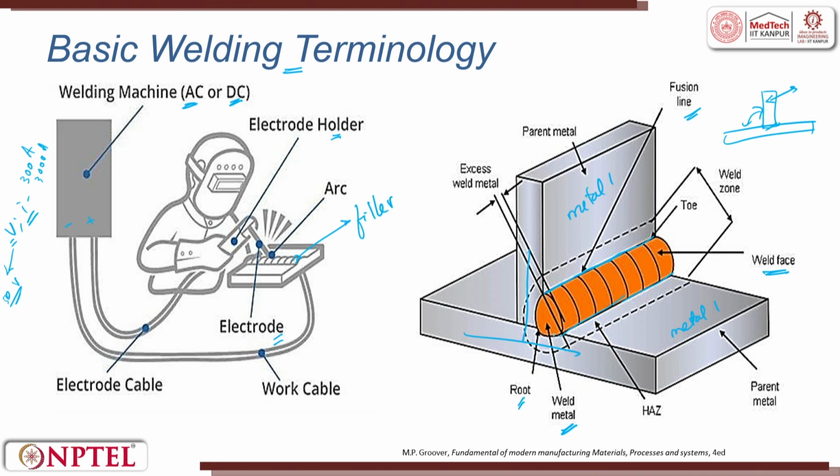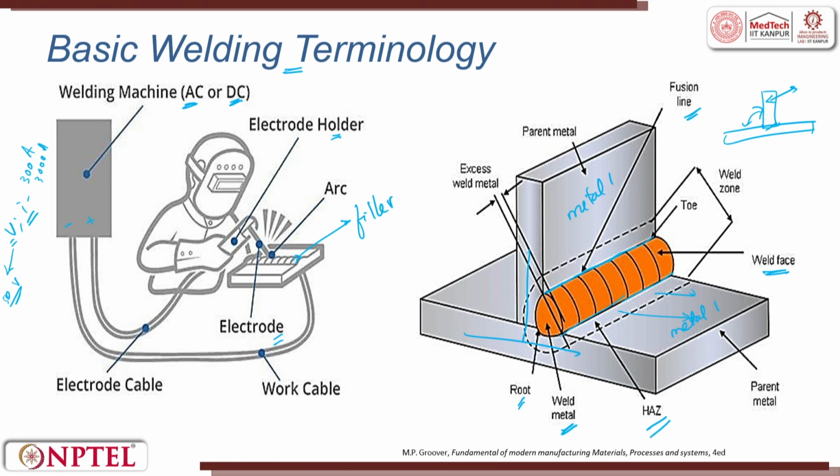So, when this metal is heated and flown and then it joins, there is always a heat dissipation which happens. The heat gets conducted and the heat moves along the parent material. So, till where do we see the heat? That is called the heat affected zone.